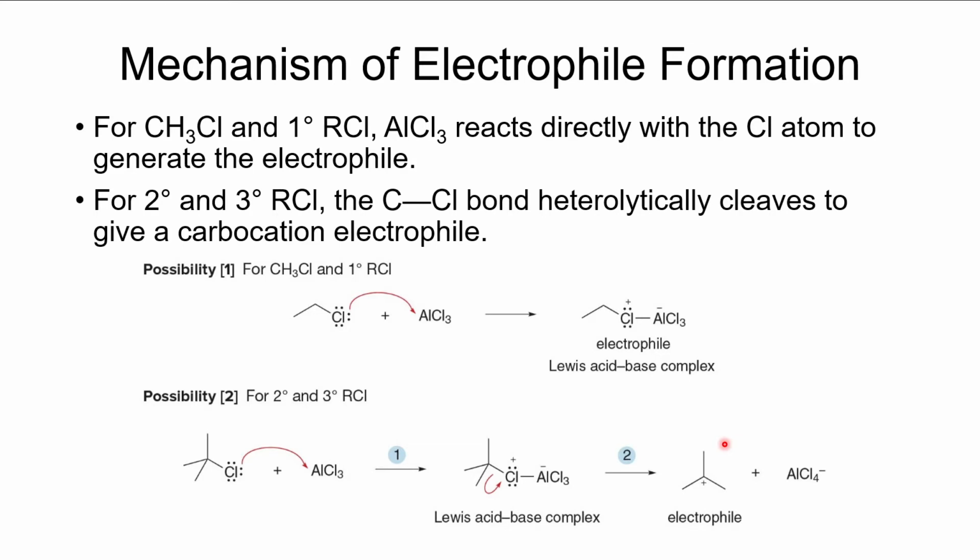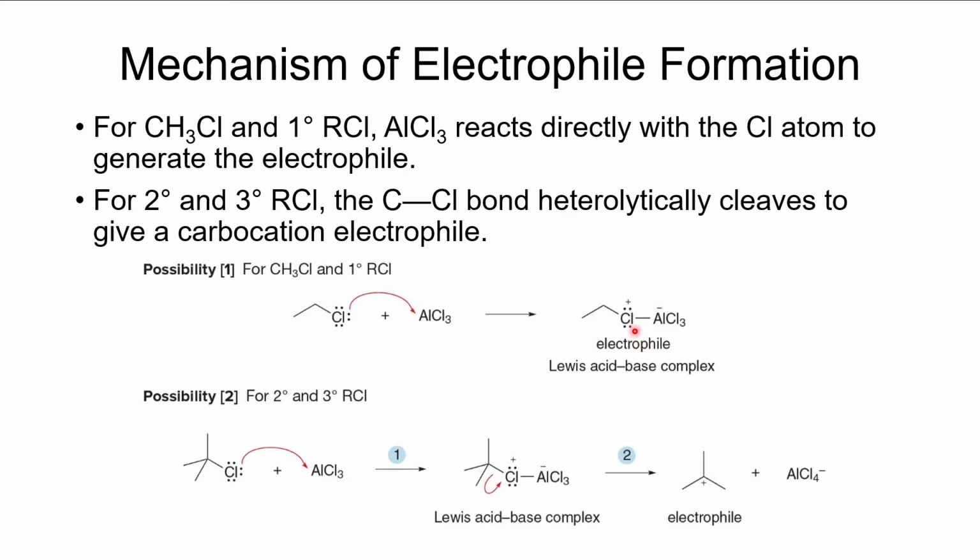So with the primary and methyl alkyl halides, the aluminum chloride reacts with the chlorine in a Lewis acid-base reaction. So this is a Lewis acid here, this is a Lewis base, and we form a Lewis acid-base complex. That acid-base complex is the electrophile. It does the reacting directly with our aromatic ring, and so it stays like this until it reacts with the ring.